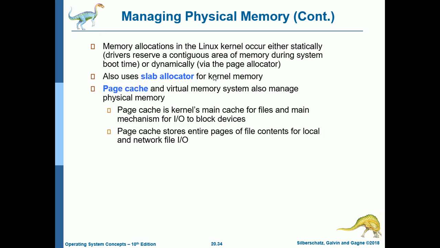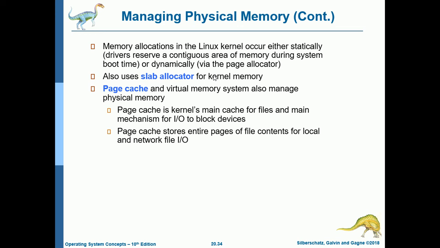Next, memory allocations in the Linux kernel occur either statically, where drivers reserve a contiguous area of memory during system boot time, or dynamically via the page allocator. It also uses a slab allocator for kernel memory, which I've already discussed in the previous chapters.